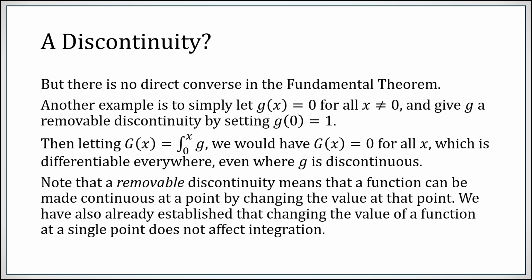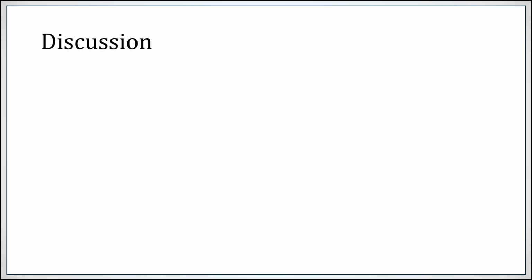A removable discontinuity means that a function can be made continuous by changing the value at that point. And we've already established that changing the value of a function at a single point really does not change integration at all, meaning a removable discontinuity can't possibly throw anything off, and the function little g was really just a constant 0 except for this single removable discontinuity.